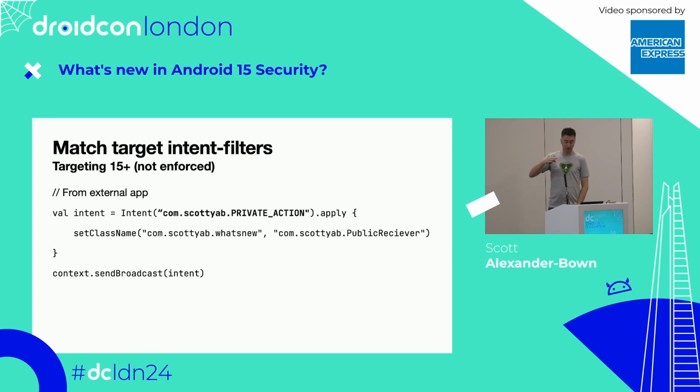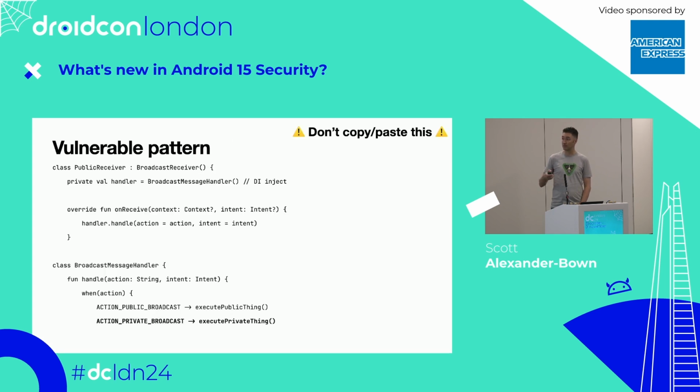The vulnerable pattern that Google have flagged is if you have something like this in your code. This is a public receiver, and it's legit to want to extract the logic out to something else, like we want to keep our Android components as dumb as possible, so we can pull it into JVM and unit test it. So having a broadcast handler to handle that intent and do something, that's legit.